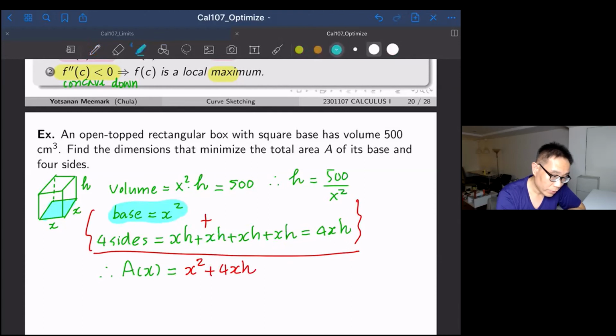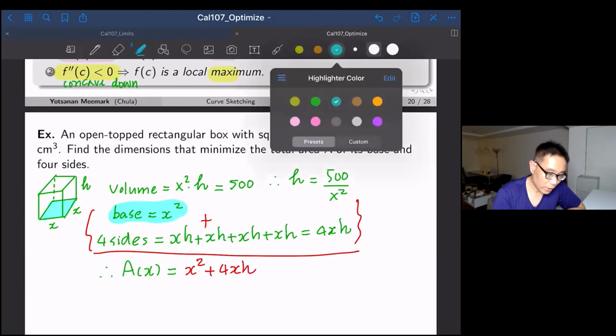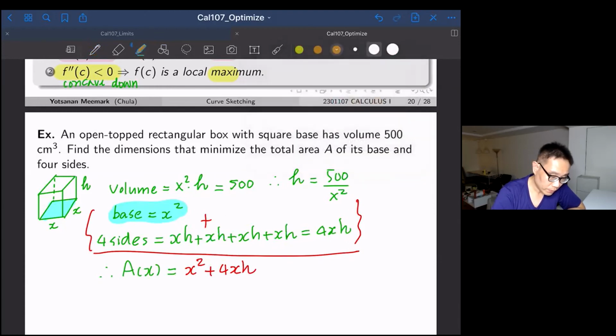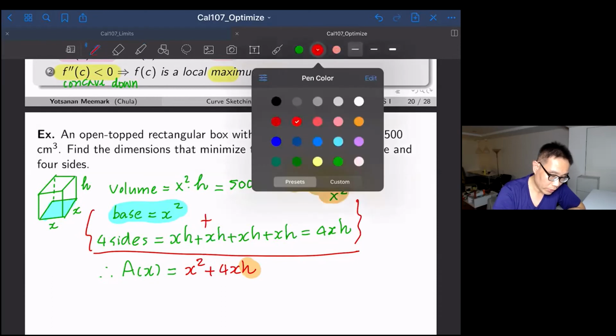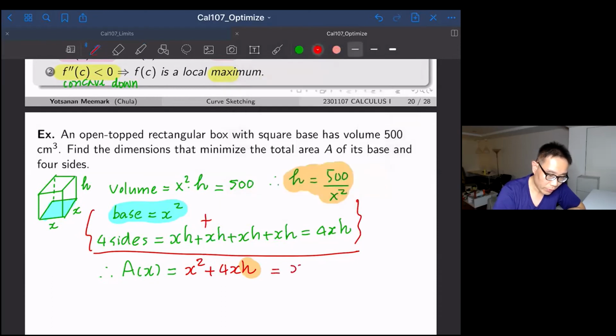However, you have h equal to 500 over x squared. So this turns out to be x squared plus 4x times 500 over x squared. And you see that you may simplify A(x) a little bit to be x squared plus 2000 over x.